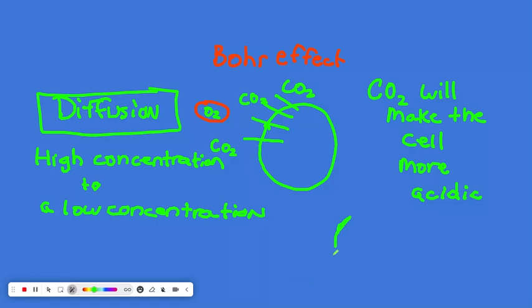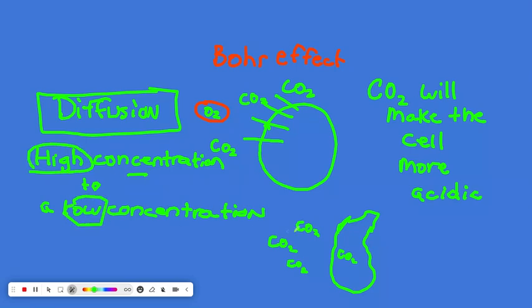So if we pretend this is our lungs, a little fancy design of our lungs, if there's a lot of CO2 outside the lungs and a limited supply inside, remember I said from high to low, the molecules will move. So they'll move into the lungs by this diffusion. Oxygen is inhaled, and of course CO2 is exhaled, and the plants would love that.